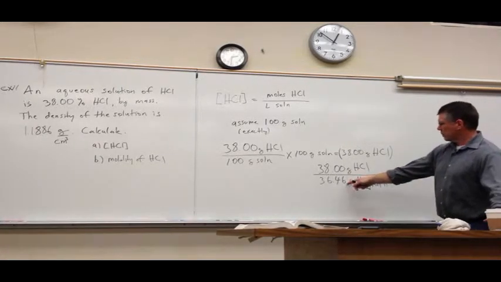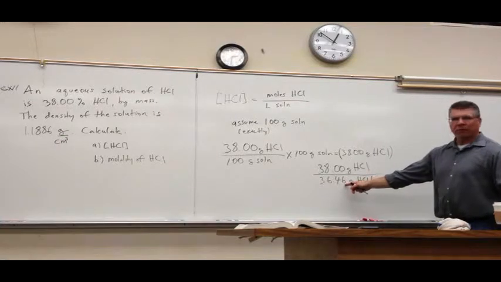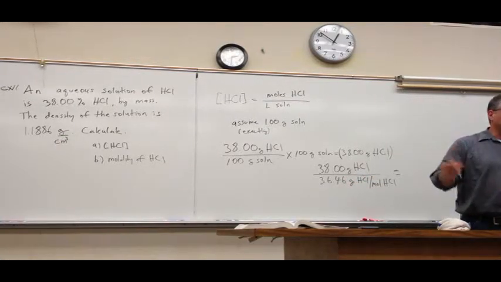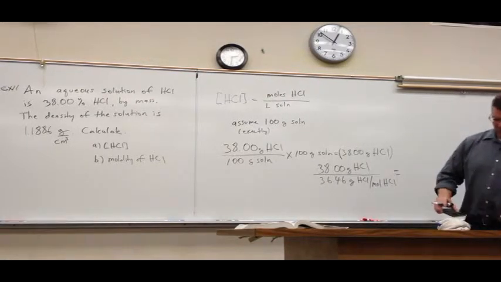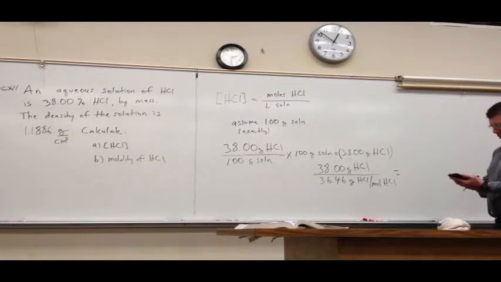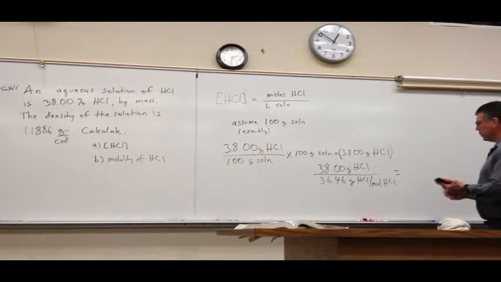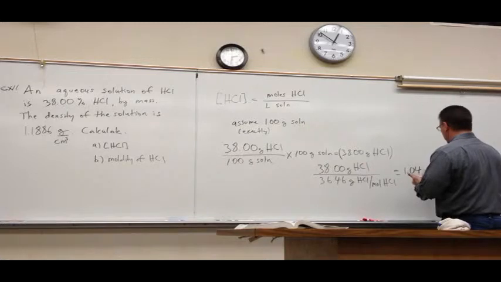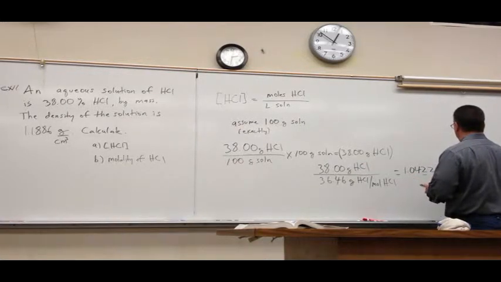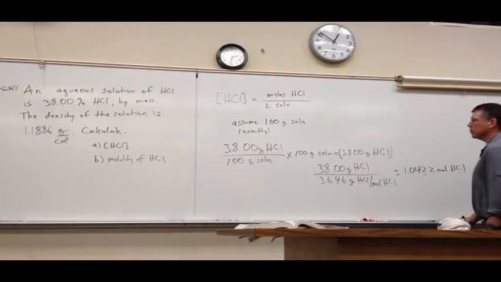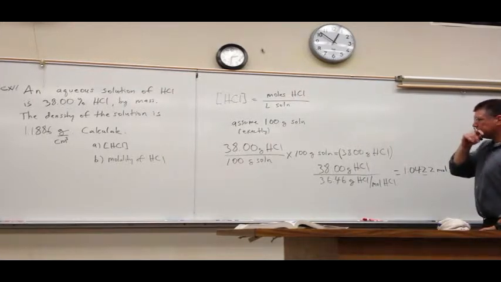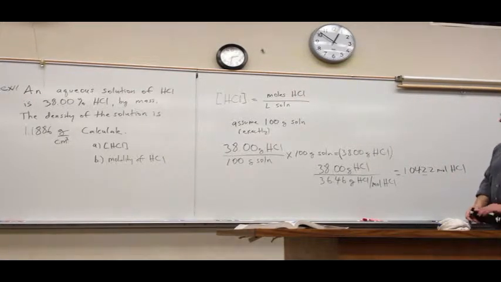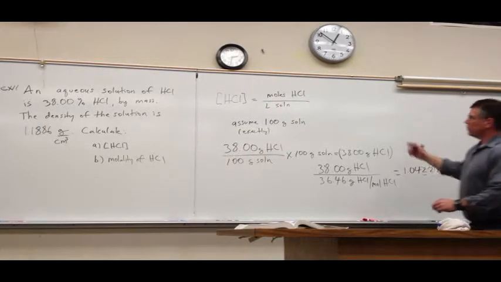Where this is the molar mass of hydrochloric acid, 35.45 for chlorine plus 1.01 for hydrogen. And that gives us this, right?